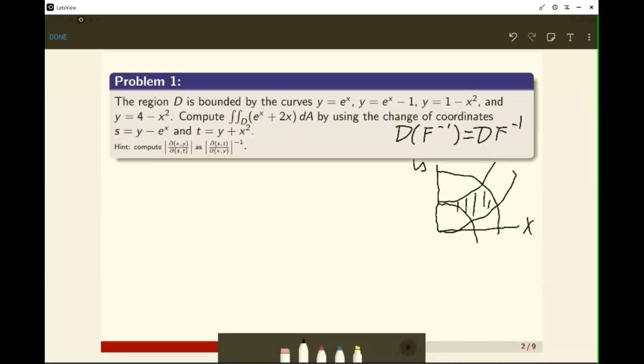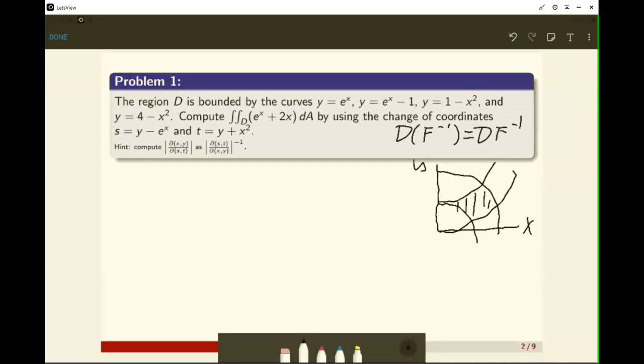And so we can compute first the derivative matrix of the transformation that's taking us from xy to st, as the transformation has been written, and then consider the inverse matrix of that, and use the fact that the determinant of an inverse matrix is just 1 over the determinant, so that we can do all of our computation the way it had been written, and then just take a reciprocal there.